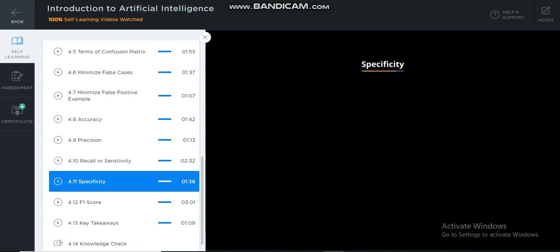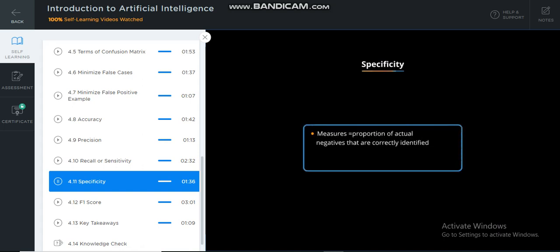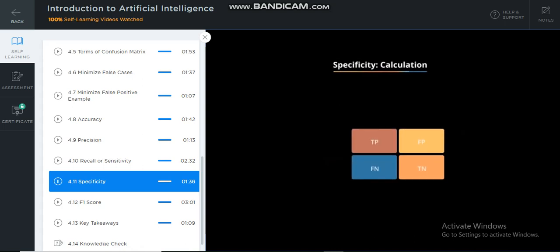Specificity. Specificity is the measure of the proportion of the actual negatives that are identified correctly. It tries to identify the probability of a negative test result given a negative example. So, specificity is a measure that tells us what proportion of patients that did not have cancer were predicted by the model as non-cancerous.